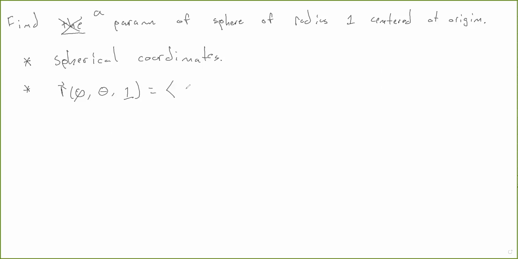So this is just going to be sine phi cosine theta, sine phi sine theta, cosine phi. So if I say, what are the spherical coordinates of a point that is located 1 unit from the origin?